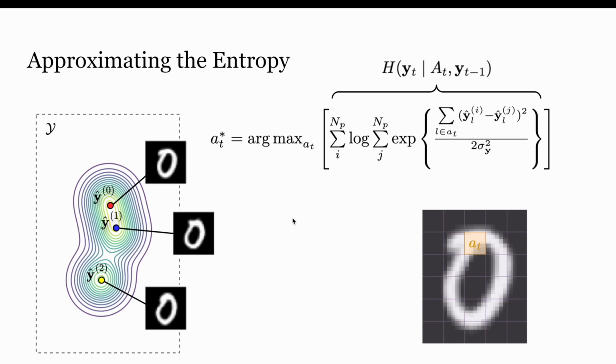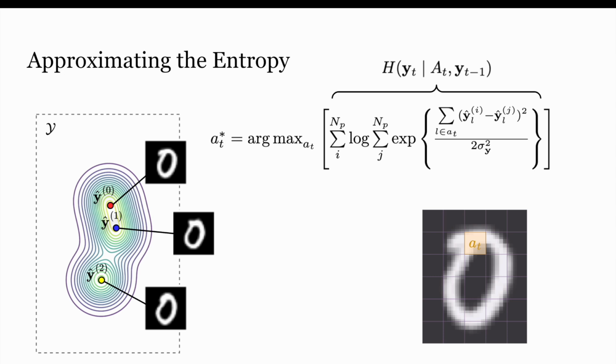The reason we choose that is because you can fairly easily compute the entropy of that distribution, which you can see here. So this term that we're trying to optimize becomes quite easy to compute. And you can see this looks kind of similar to a variance in the end, because we've got these squared error terms where we just look at the squared error between all the pixels here, and basically choose the measurement location with the largest squared error between the pixels.